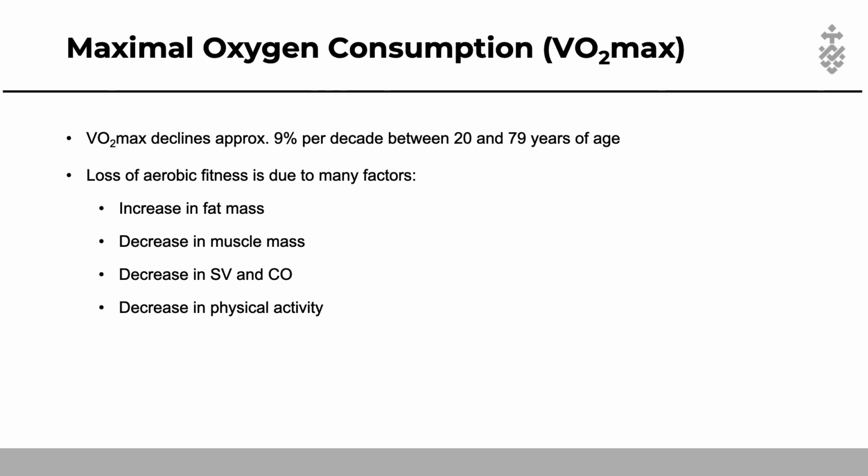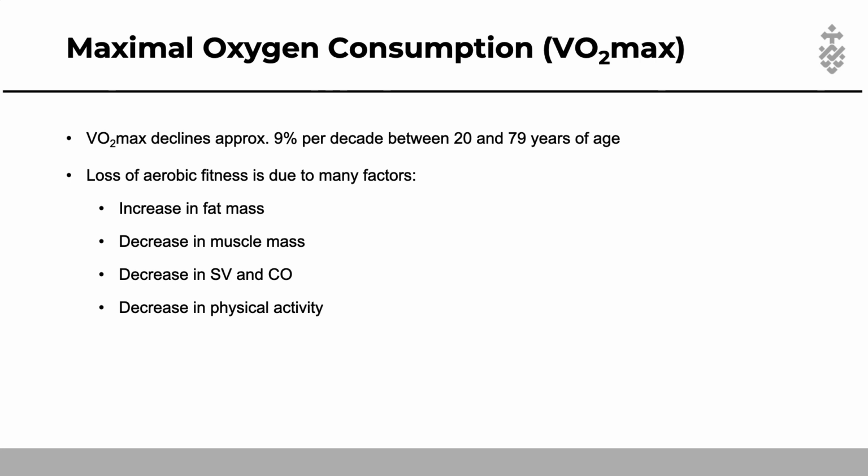Now, with age, the body's ability to acquire and to deliver oxygen to the working tissues is altered, and that results in a reduced physical capacity or aerobic capacity. Now, the rate of decline, we said it's approximately 9% per decade.